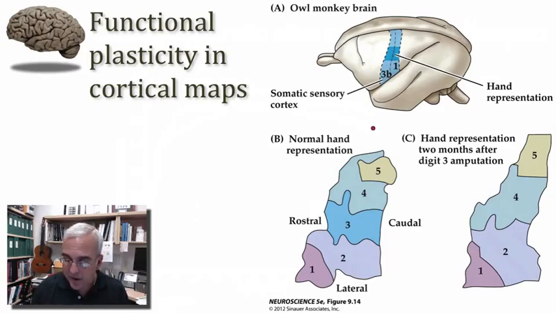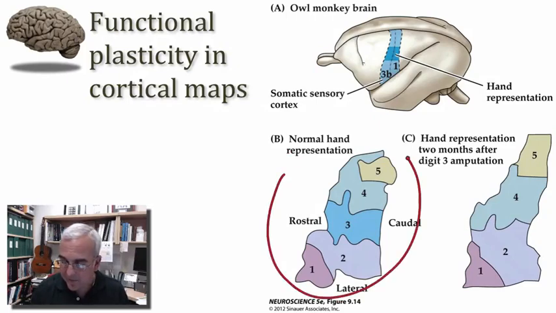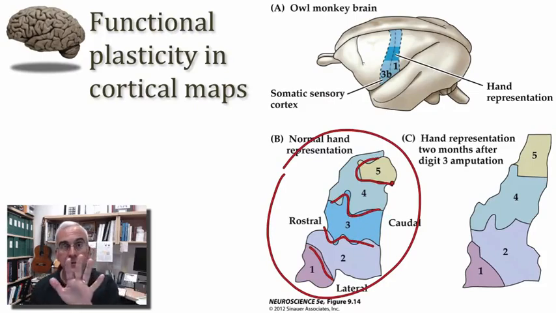Here on the left-hand side of this figure is a map of the hand region in the somatic sensory cortex in area 3B and adjacent area 1. What we see are the territories that contain neurons that were responsive to stimulation of each of the 5 digits on the monkey's hand.